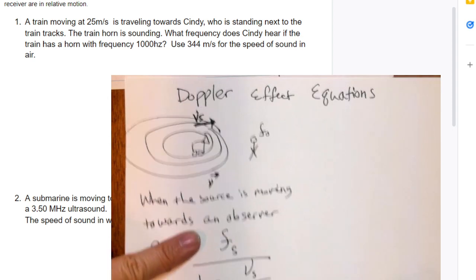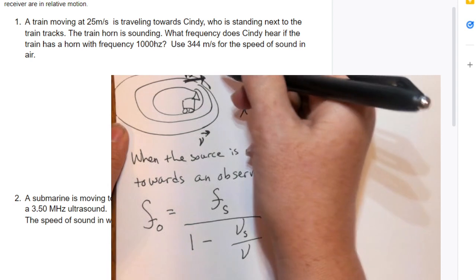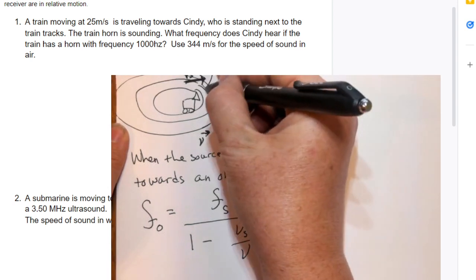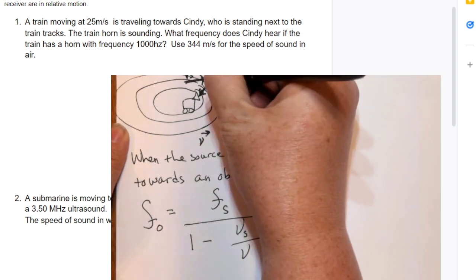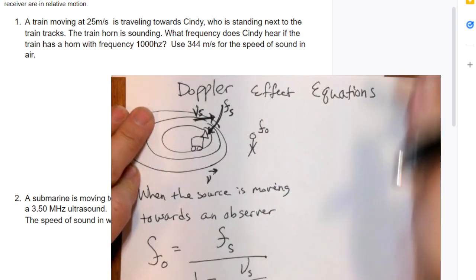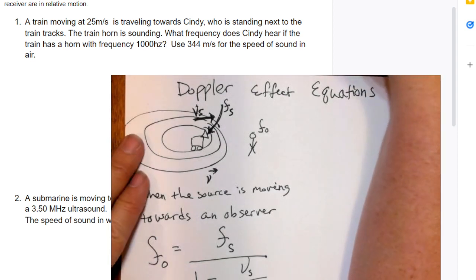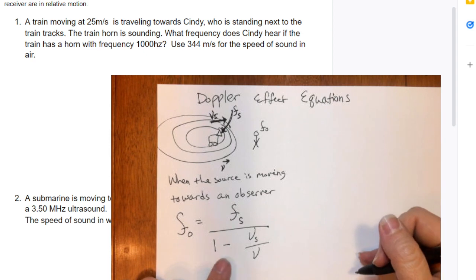In this equation, I have the F subscript S, but I didn't label it on the model, and I want to. So I'm going to just draw an arrow to the siren. That is the frequency that the source emitted at the siren. Okay, make sure you have that in your notes and make sure you know what these terms are.